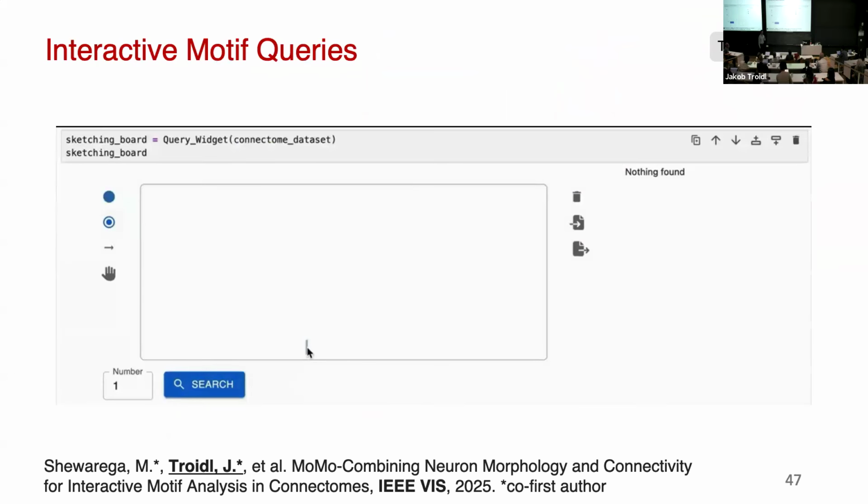This is how MOMO works. It's a Jupyter notebook library because we also found that folks really like to have programmatic control over their queries. So that's why we designed MOMO as a Jupyter notebook library. And here, a user is drawing a simple morphology-aware motif and then searches for instances of that particular pattern.